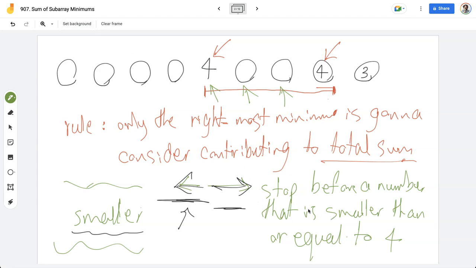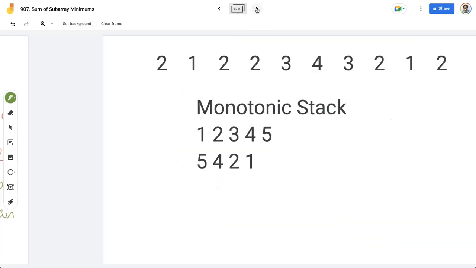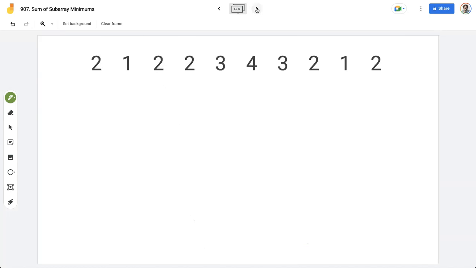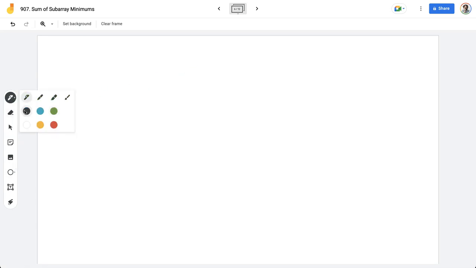And for the right part, let's go and have another example for the right part. I have so many of these copies, yeah. Here, let's say we have the same situation here, and we have the monotonic stack, and remember, we are coming from the right, so it's 1, 2, 3, 4, and 5.